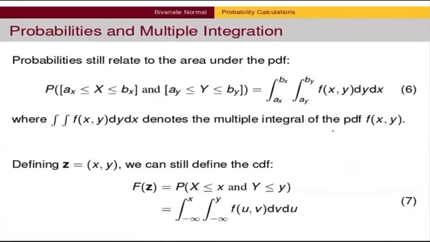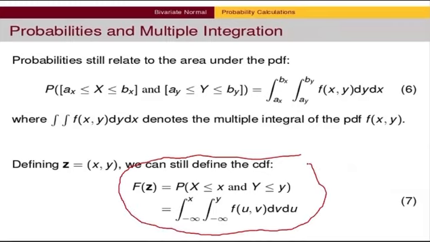In equation 7, we talk about the CDF, the cumulative distribution. What is the proportion of my patients that will have a weight less than or equal to a value? Or what is the proportion of my patients that have height less than or equal to a value?